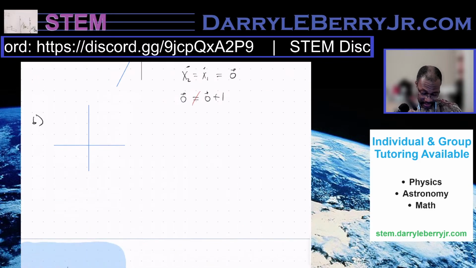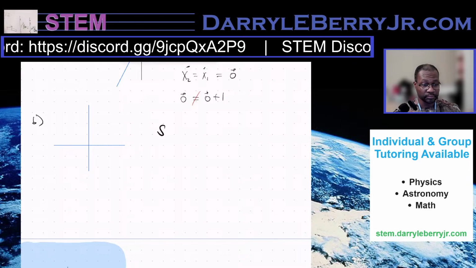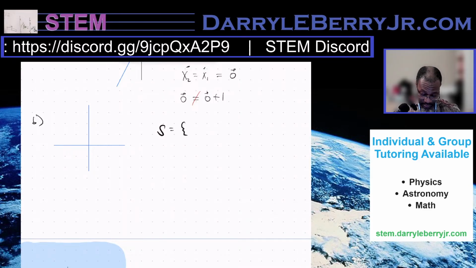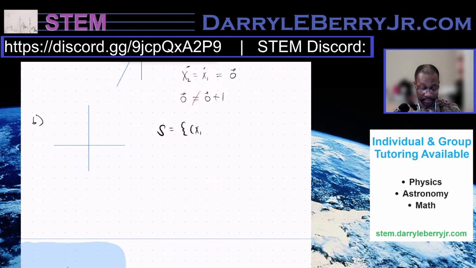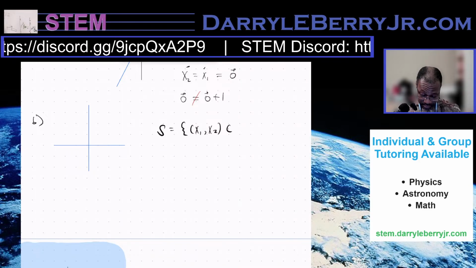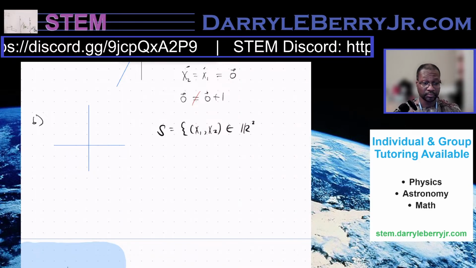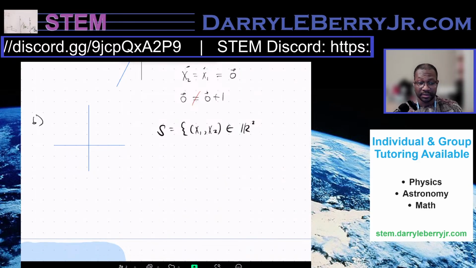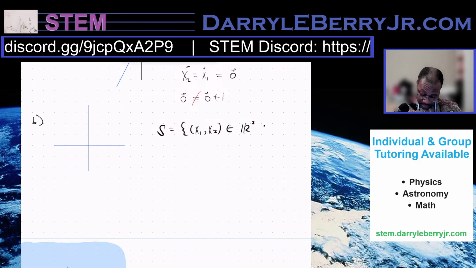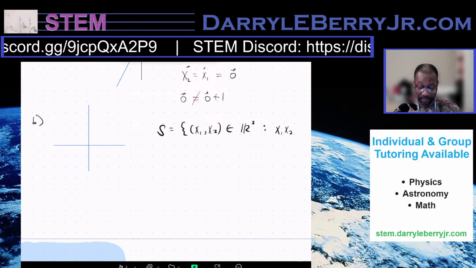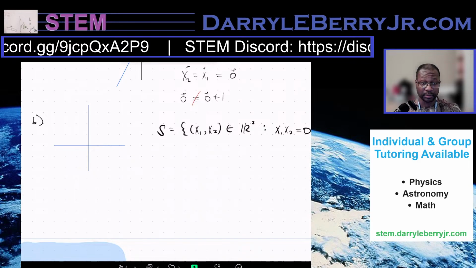So this says S equals x1, x2 in R2 and x1 x2 equals 0.